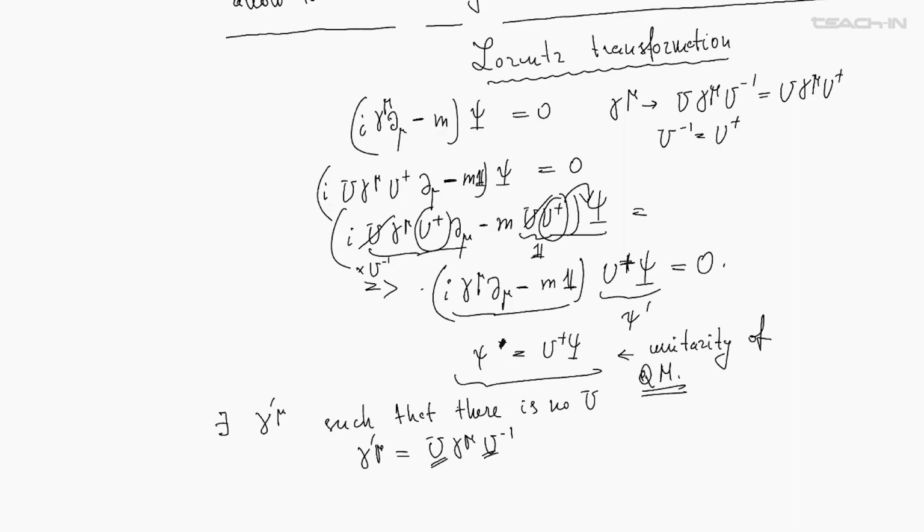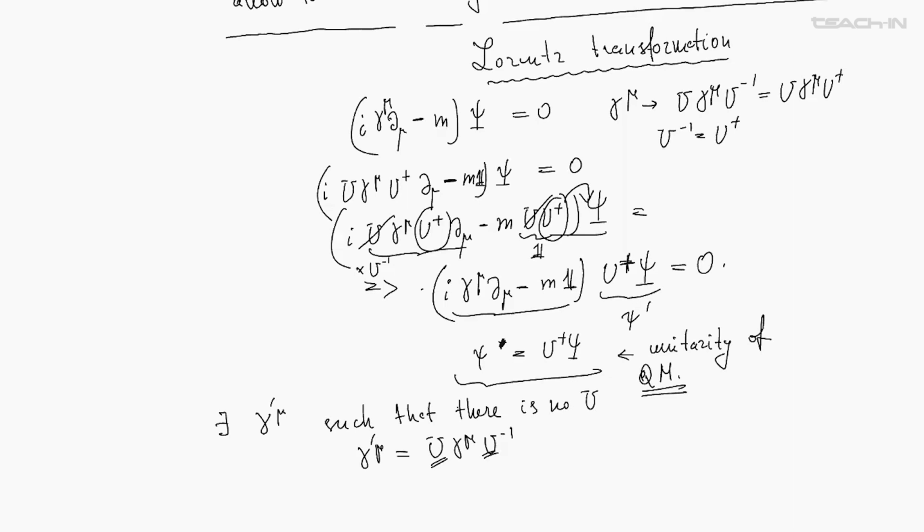I told you that if you have gamma matrices realizing Clifford algebra, then making a unitary transformation, you will get another representation of the Clifford algebra. That is okay, but I'm asking now if it is possible to find a representation of the Clifford algebra which is not unitary equivalent to a given one. Suppose you give one representation of a Clifford algebra and then I give you another. And then the question is whether there always exists a unitary transformation by means of which these 2 arbitrarily chosen representations are related?